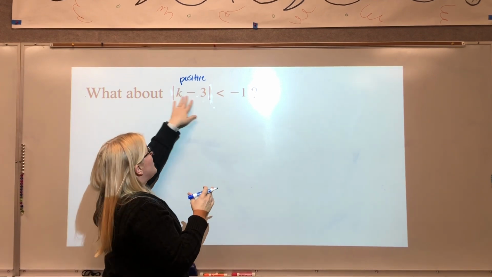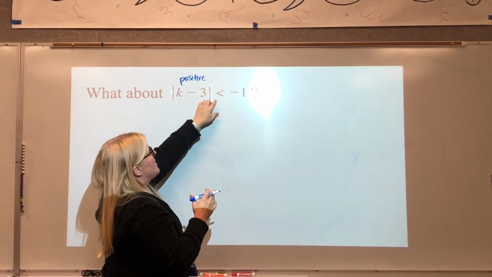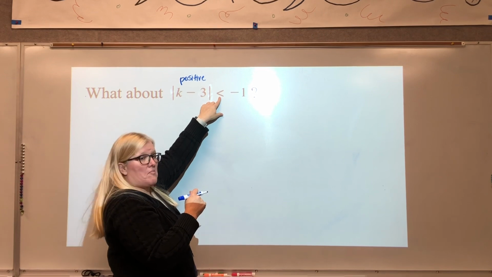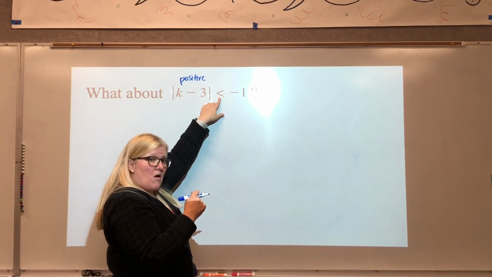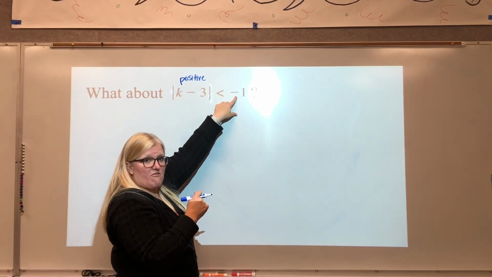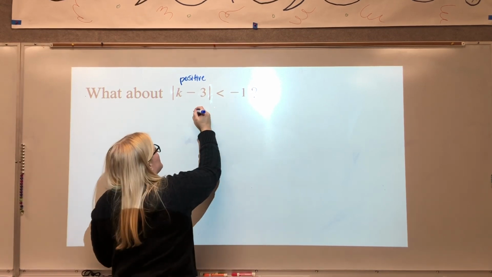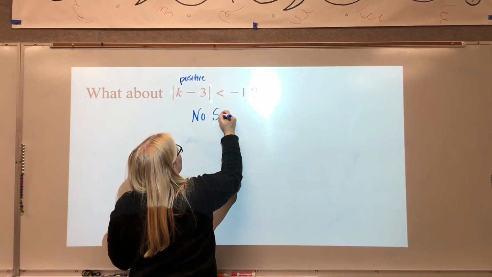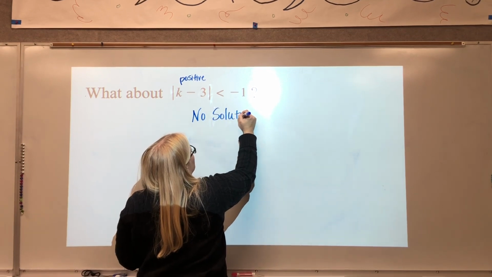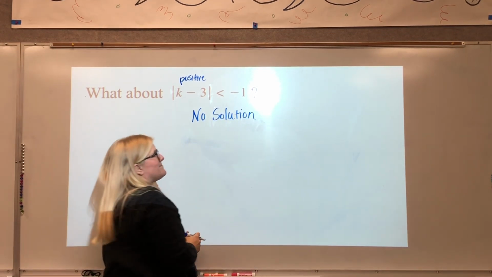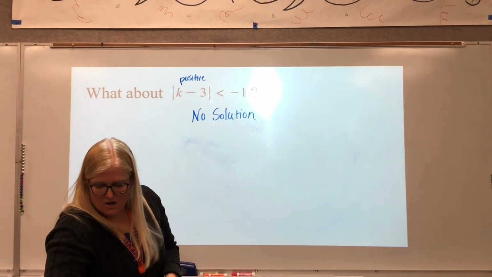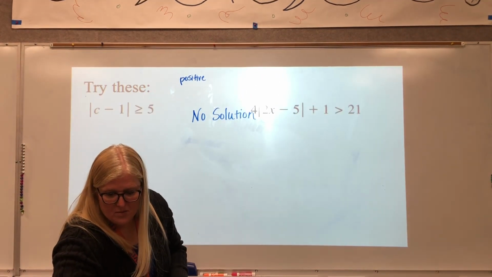All right, so this is going to be positive. Can I have a positive number that is smaller than negative 1? No, I can't. So in this situation, we have no solution. All right, so we don't even have to do any computing with that.